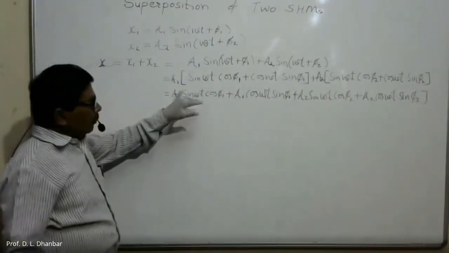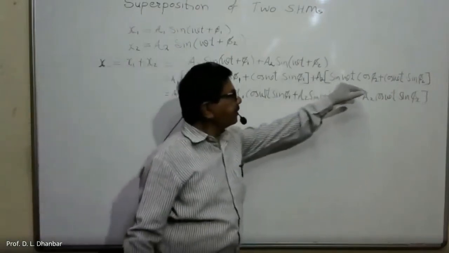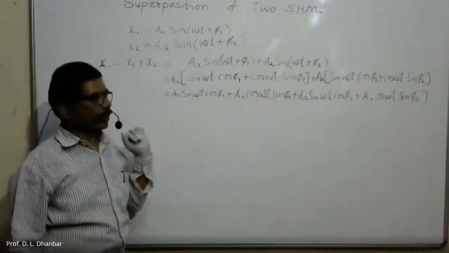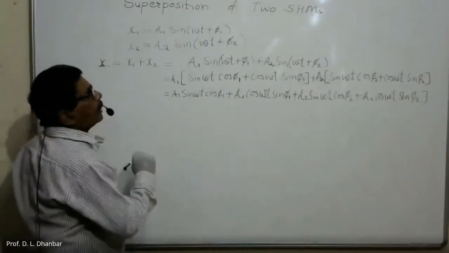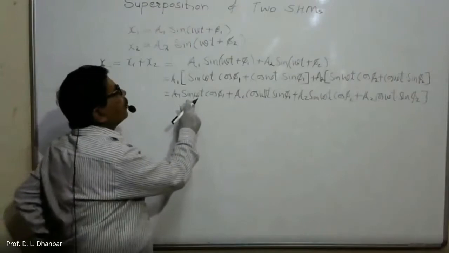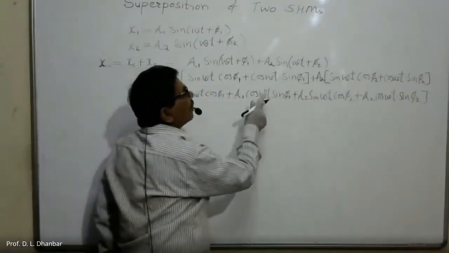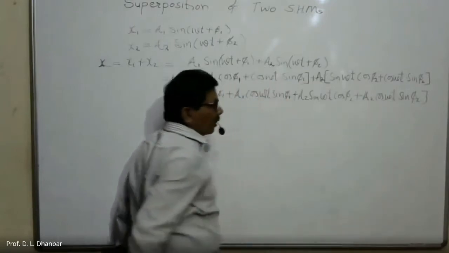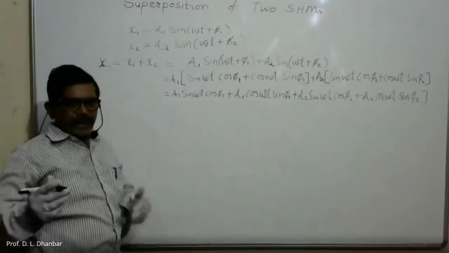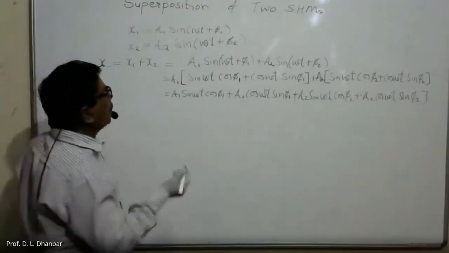So here what we have done, we have multiplied the first bracket by a1 and the second bracket by a2. Now if you observe this equation, here you get sine omega t, here also sine omega t, here cos omega t, and here also cos omega t. So we can take it out as a common factor.